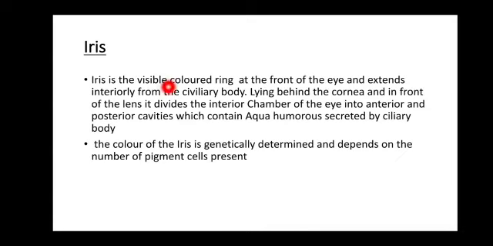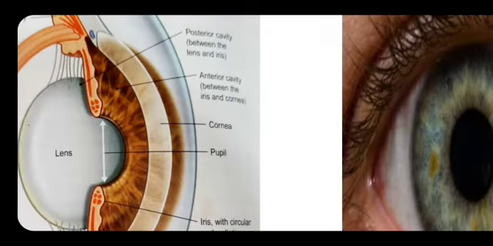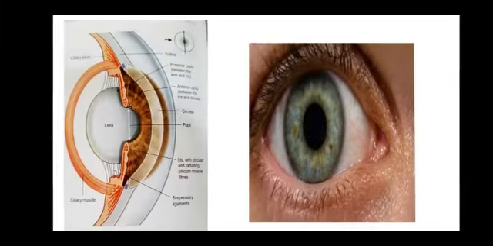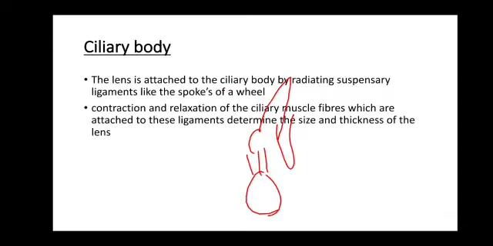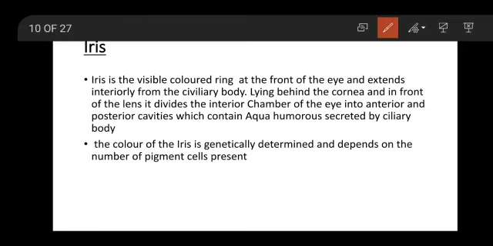Next is your iris. So what is the iris? Let's go to the diagram section. This structure you are seeing is called the iris. The iris is the visible colored ring at the front of the eye and extends anteriorly from the ciliary body, lying behind the cornea and in front of the lens.